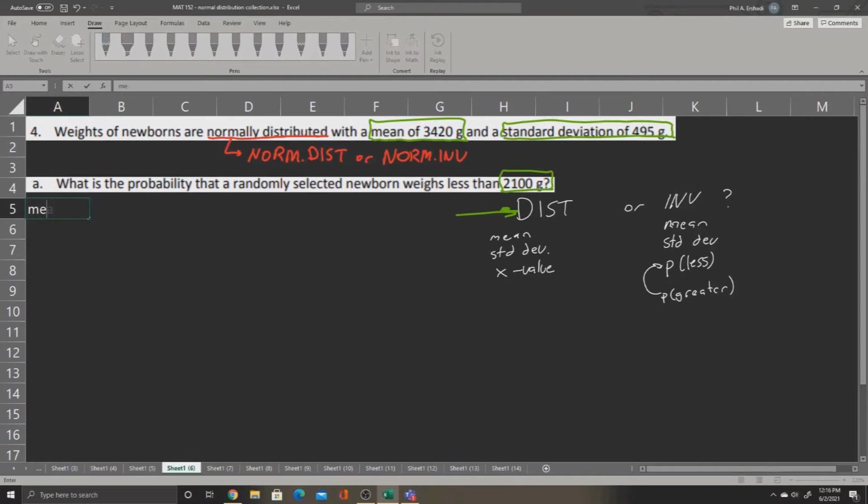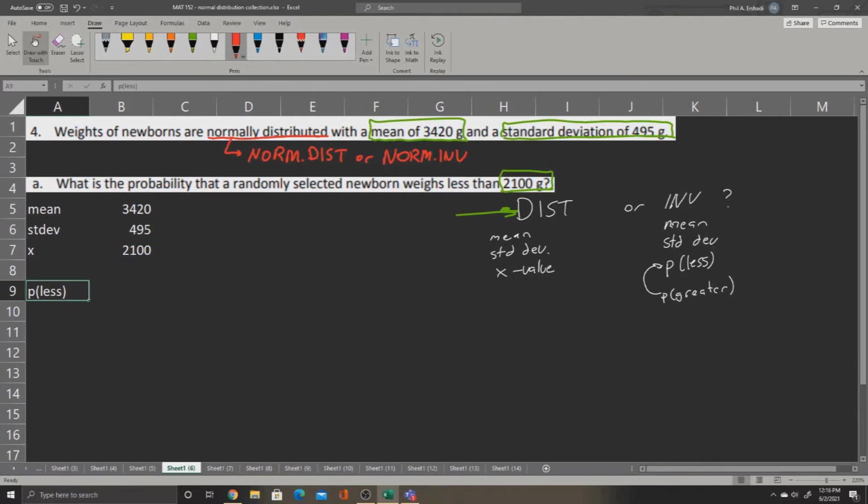We'll need the mean, the standard deviation, and the x value. The mean is 3,420. The standard deviation is 495. And the x value is 2,100. Based on this, we can find p less, or the probability of being less than 2,100.